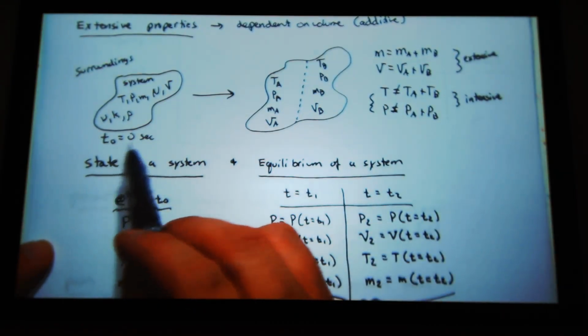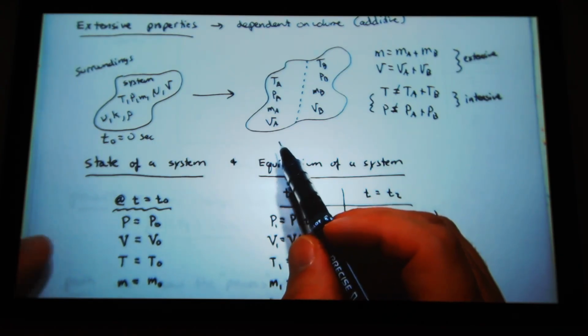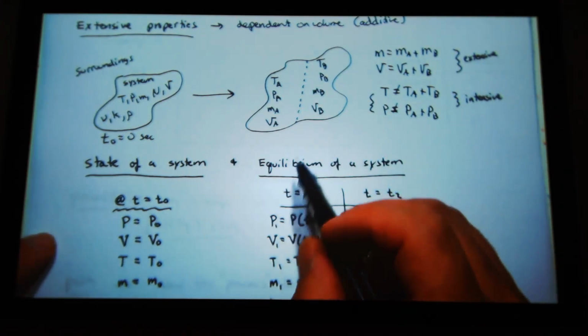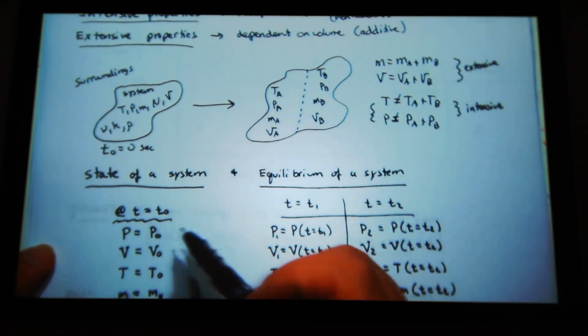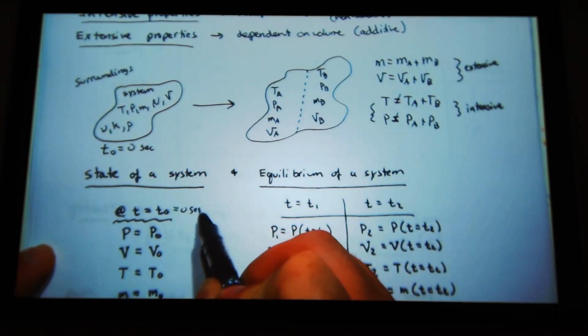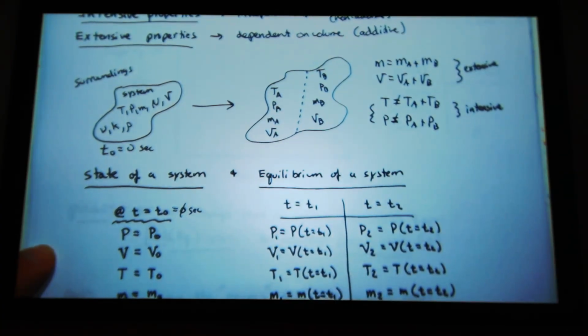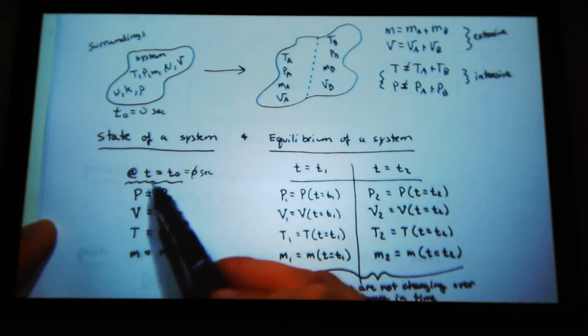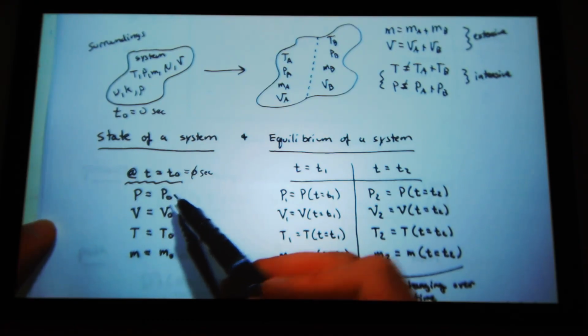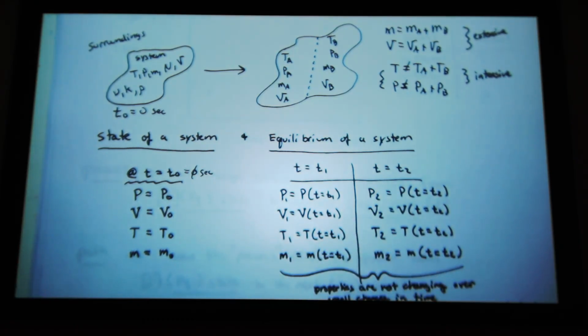So I had my state of the system here, and then I broke it. I put this divider in, and then I can define the state of the system at T equals T0, at 0 seconds. And so I have my pressure at some initial point in time. So this is just some snapshot in time.